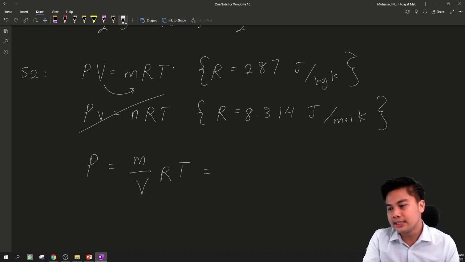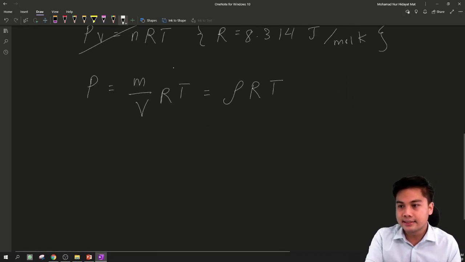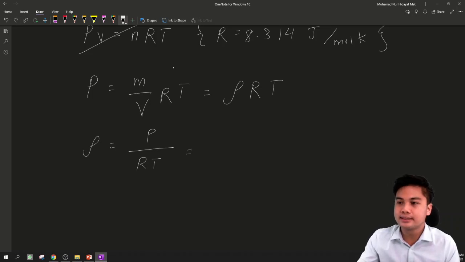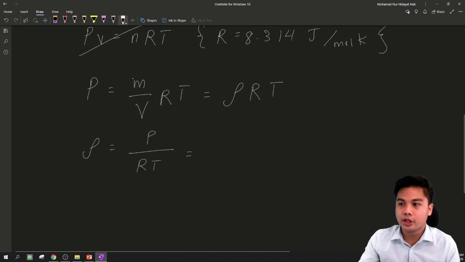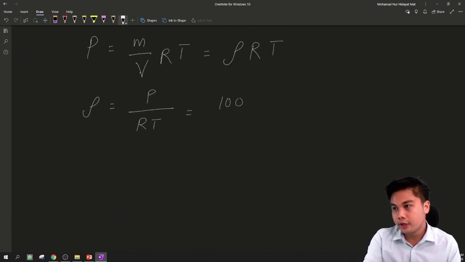Mass over volume is density, so density equals pressure over RT. The pressure is 100 kilopascal, so 100 times 10 to the power of 3 over 287 times the temperature.